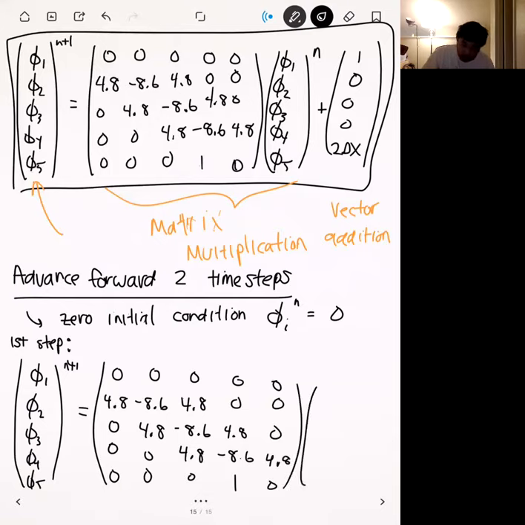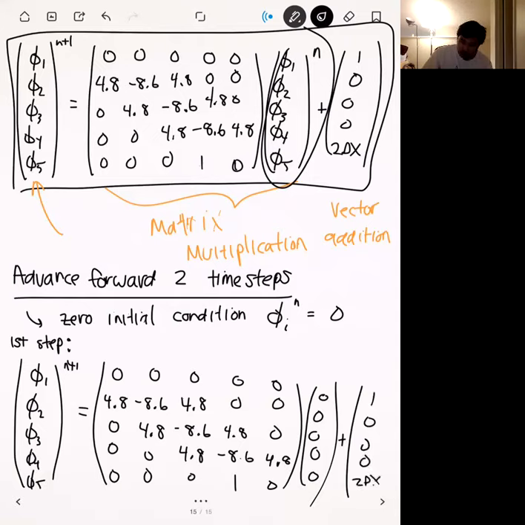If our initial conditions are all 0, then all of these phi i's at n are going to be 0. And then plus 1, 0, 0, 0, 2 delta x. And I guess 2 delta x in this problem is 0.5 because delta x we assumed is 0.25. And so actually this is everything at the first time step.